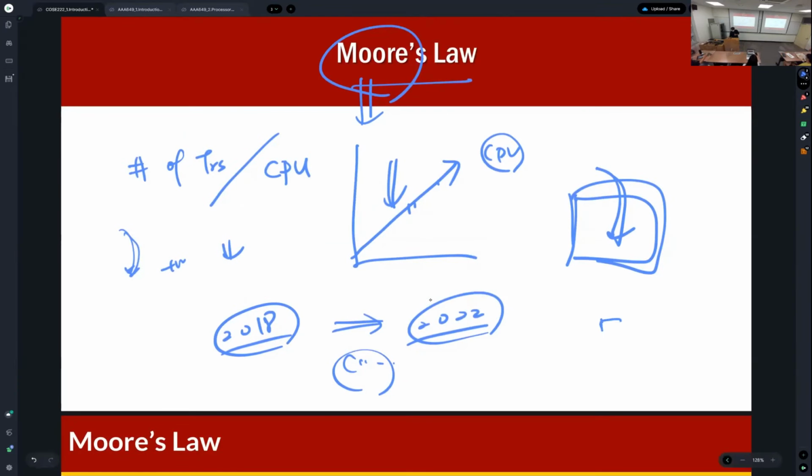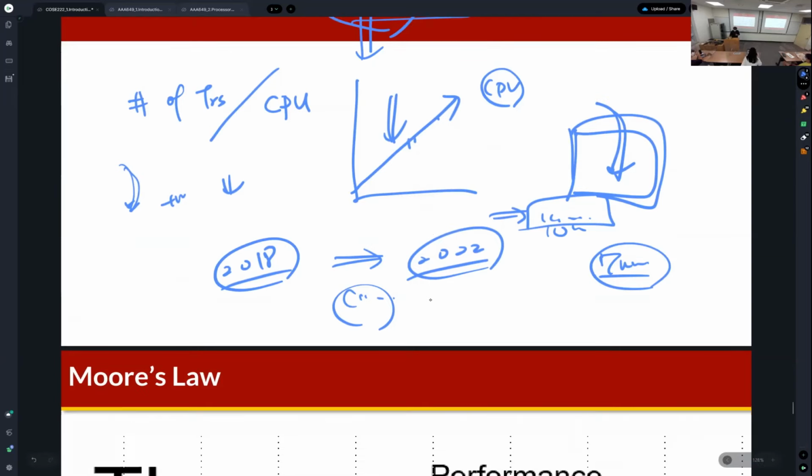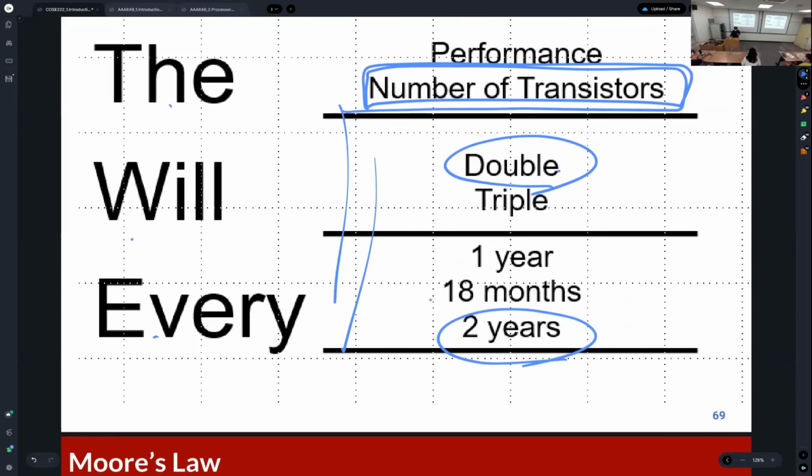Nowadays Intel is using 7nm technology, but actually Intel struggled to use 10 nanometer or 14 nanometer technology. For a long time, Intel used the 14 nanometer technology for their CPUs. So they struggled to use the advanced semiconductor technology recently. It's very difficult to track Moore's law, but it is important.